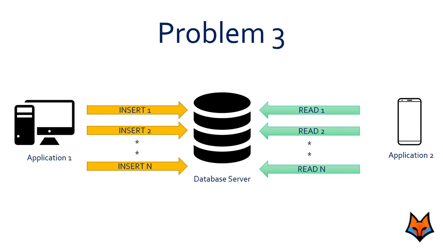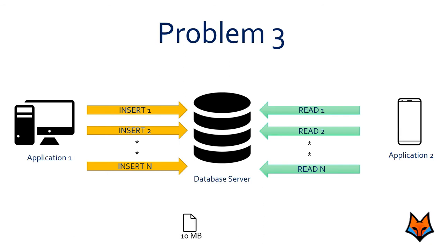Problem 3. As we can see, application 1 is continuously inserting the data and application 2 is reading the data. As the application is inserting continuously, it's a problem of storage space.